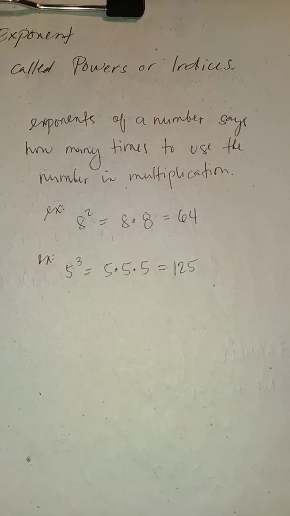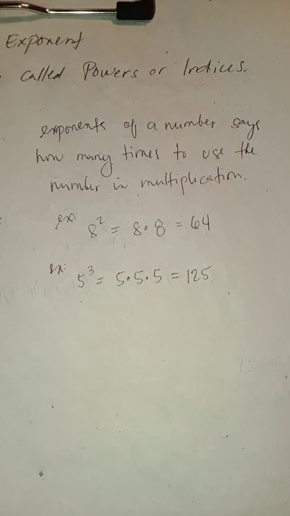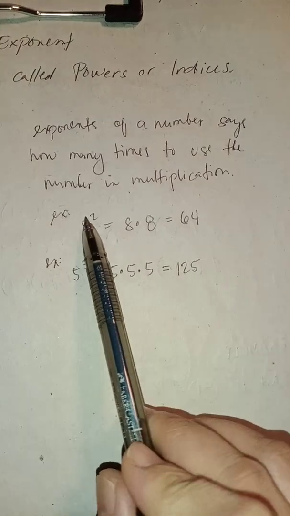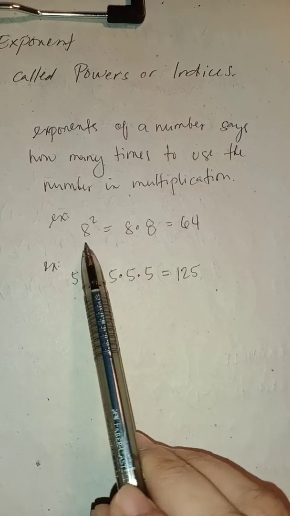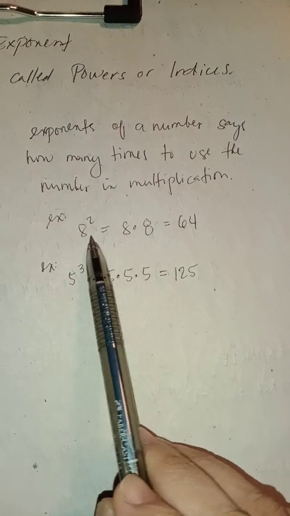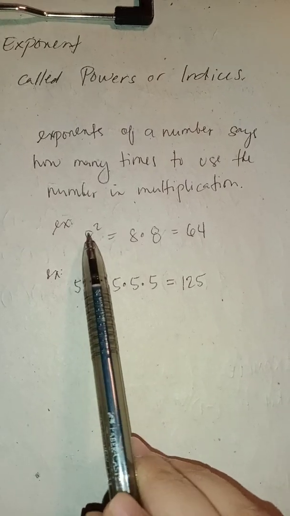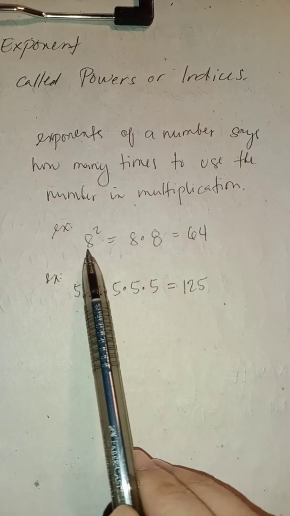For example, the exponent of a number says how many times to use the number in multiplication. So, 8 raised to the power of 2 or 8 to the second power. Ibig sabihin, how many times to use the number in multiplication. So, dalawang beses daw i-multiply yung base mo na 8. So, 8 times 8. Hindi siya 8 times 2.